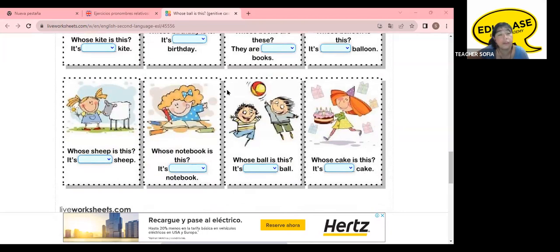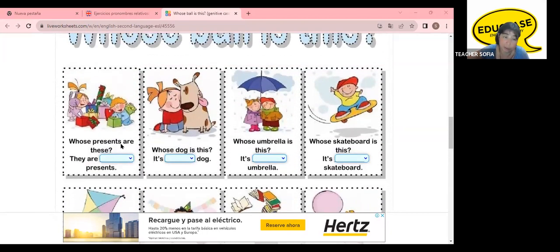Think in English. And here we have the answers, which we also have to think in English. The children's, it's Lucy's, it's my cousin's, it's Harry's.